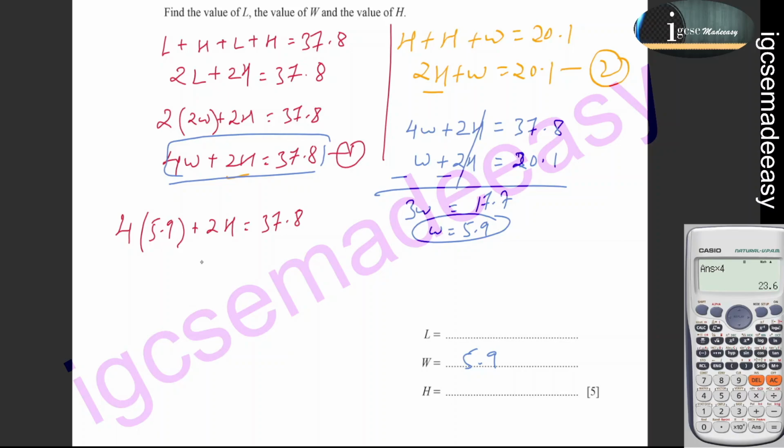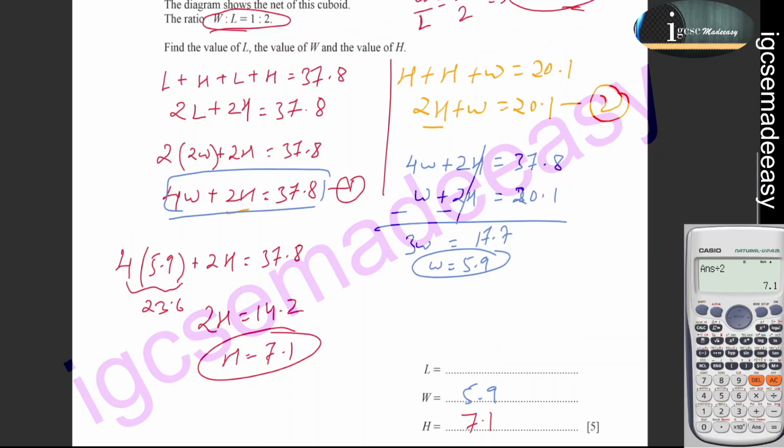This I can subtract from 37.8. So 37.8 minus the answer gives you 14.2. So 2H will be equal to 14.2. So H will be 14.2 divided by 2, which gives me 7.1. 7.1 is the value of H.